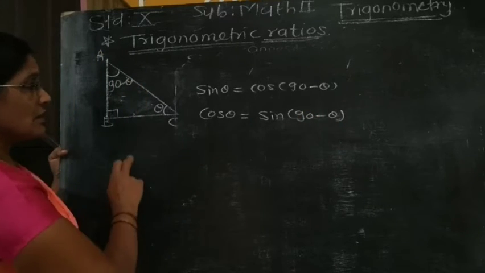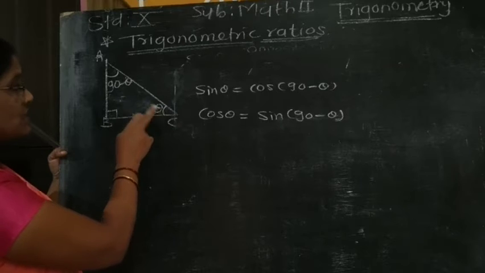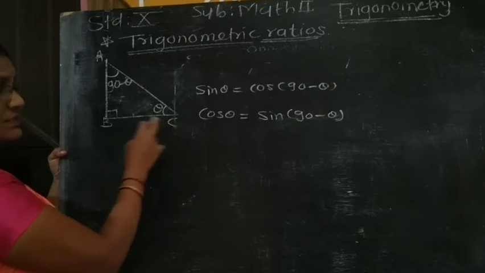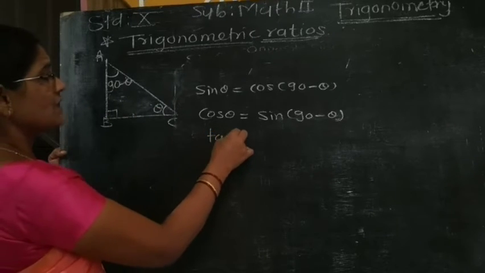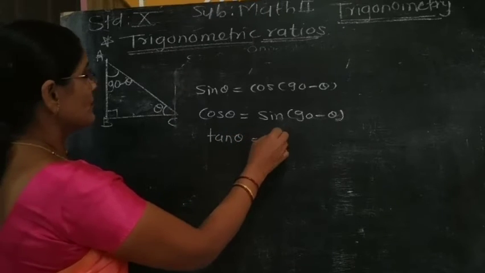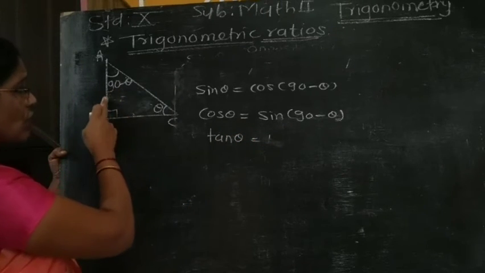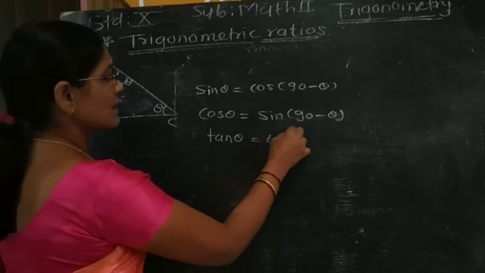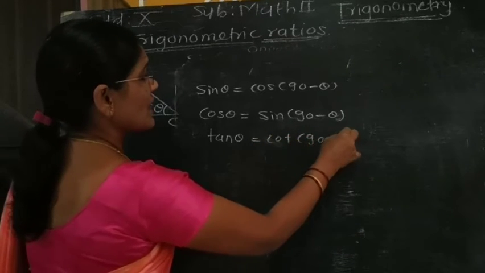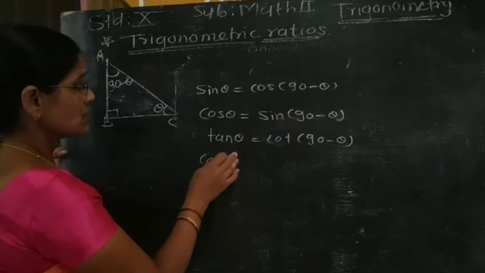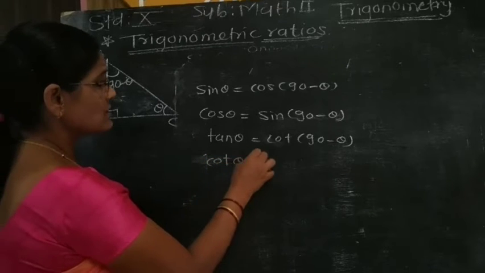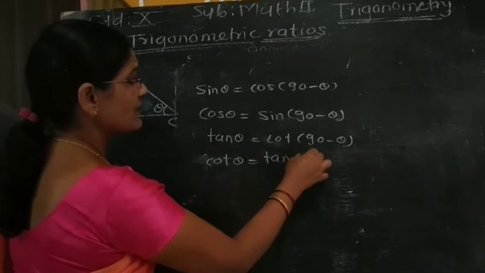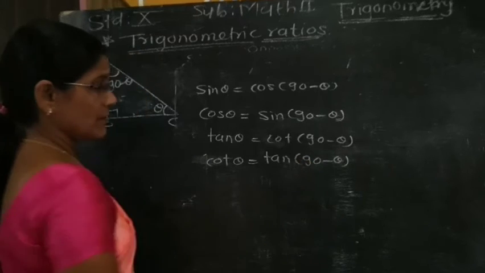Same way, tan theta, that is opposite side AB upon BC, means here we write tan theta is equal to cot of 90 minus theta. And same way, cot theta is equal to tan of 90 minus theta.